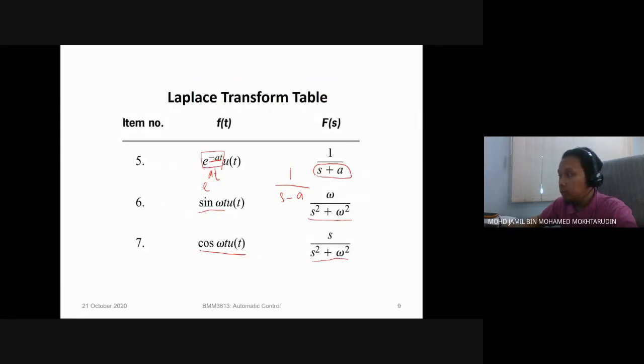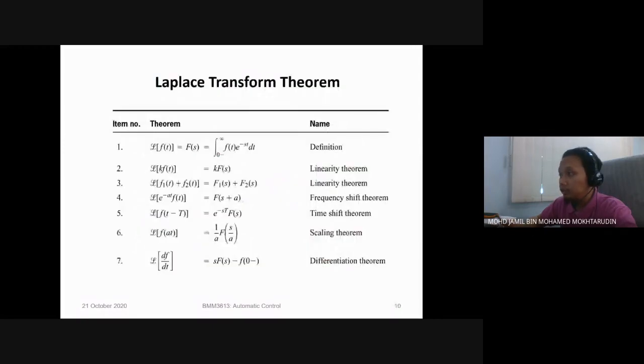The next one is the theorems for the Laplace transform. The first theorem is the definition of the Laplace transform, which uses integration. Since you have the table, you don't need to remember the integration.